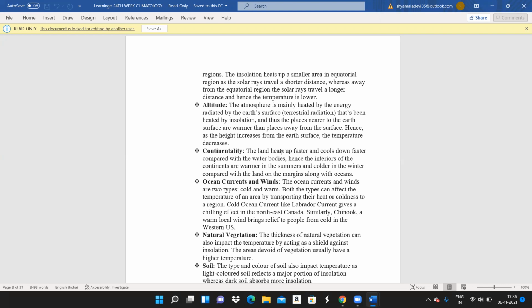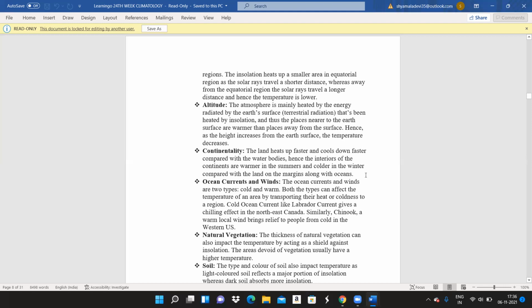As it takes a lot of time to get heated up, they maintain moderate climatic conditions, whereas the land does not have this opportunity. So the land heats up faster and cools down faster compared to the water bodies. Hence, the interiors of the continents are warmer in the summers and colder in the winters compared to the land on the margins along the oceans.